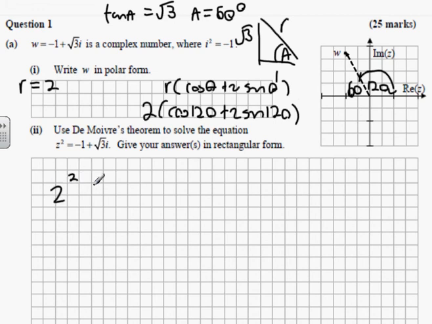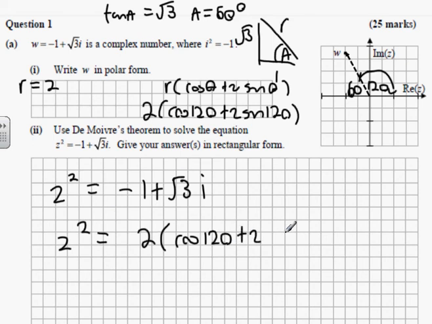Z squared equals minus 1 plus root 3i. This Z squared is going to be equal to 2 cos 120 plus i sin 120. Okay, and it says solve the equation.